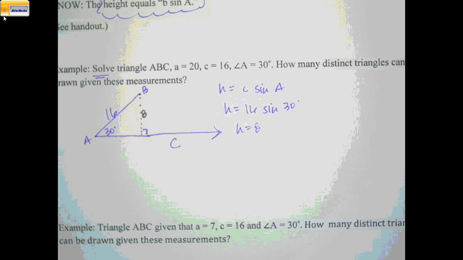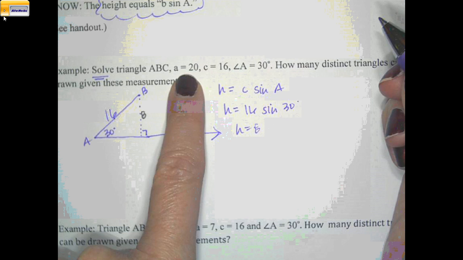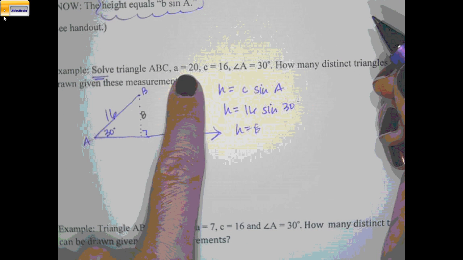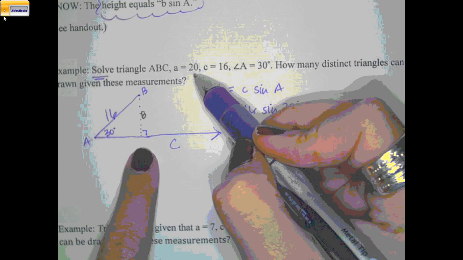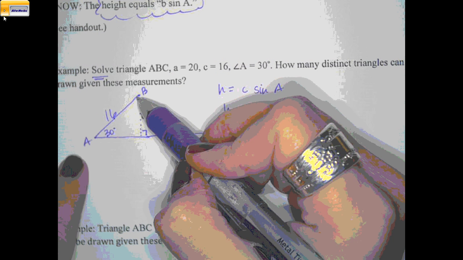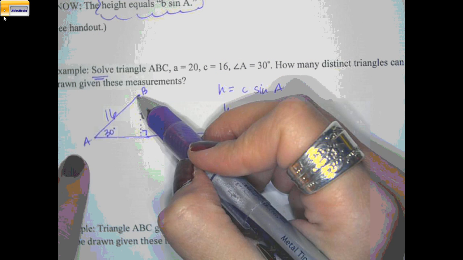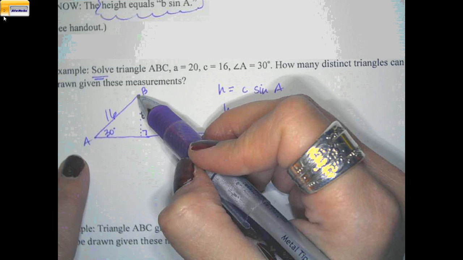They tell us that side A is 20. Well, 20, first of all, is longer than 16. So how many triangles can we make with it? Just the one. It's going to be all the way out here somewhere.